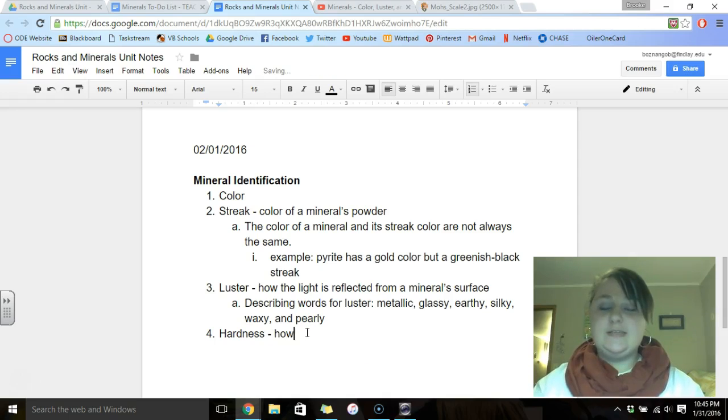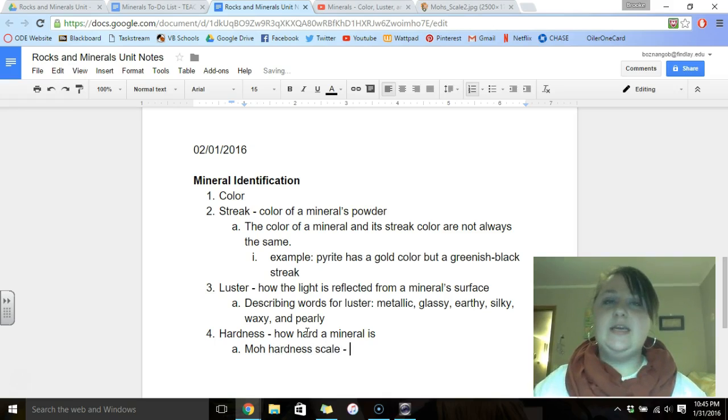Hardness is how hard a mineral is. That makes sense, right? Mohs hardness scale is really important. It is the scale that geologists use to determine the hardness of a mineral.